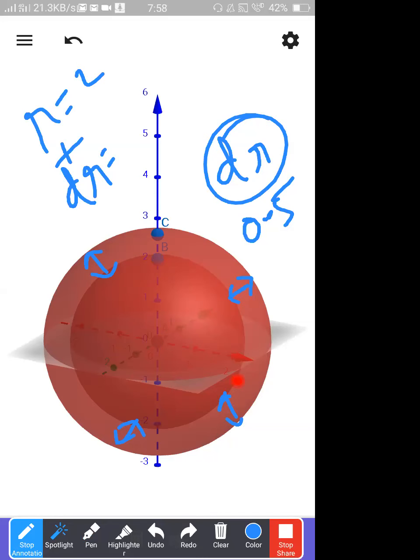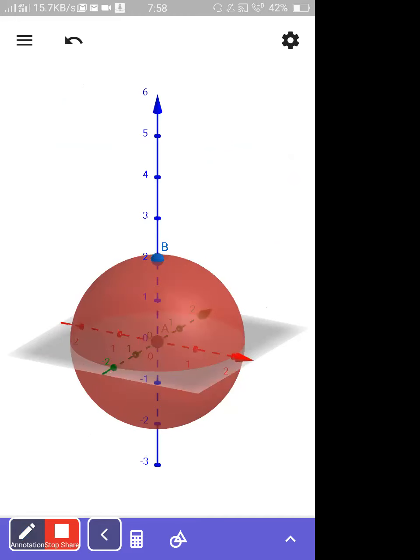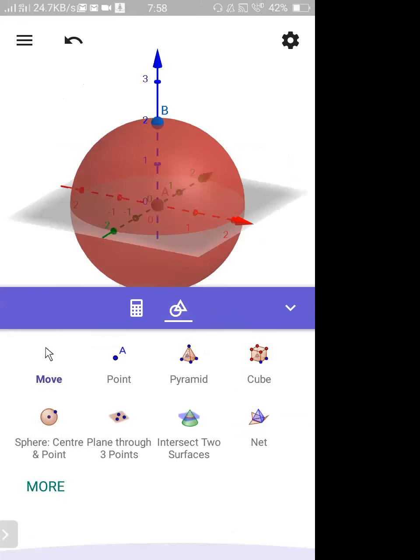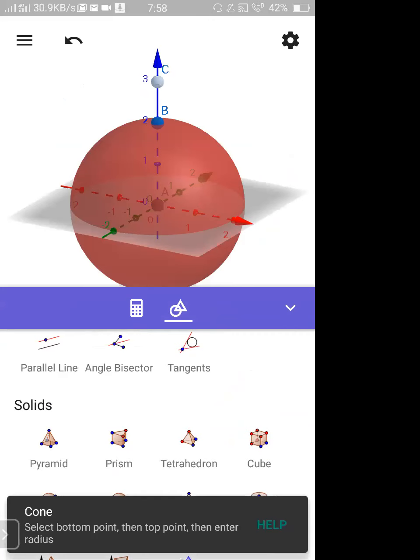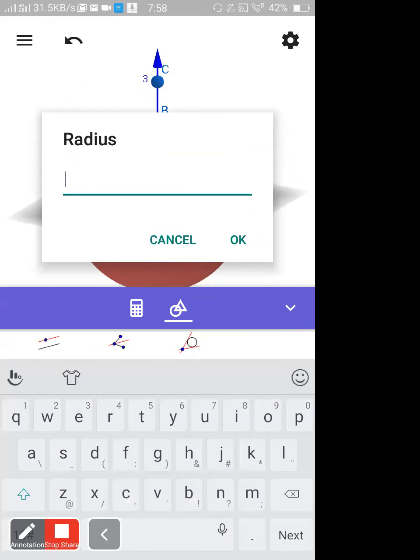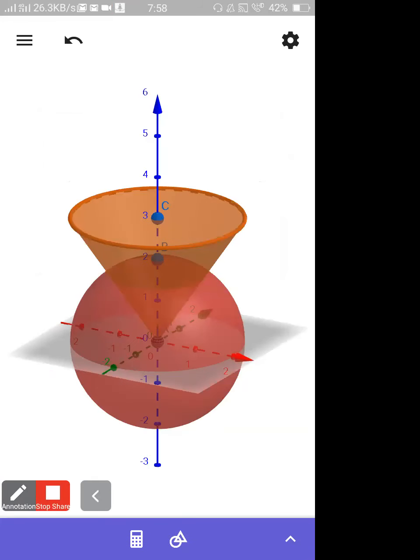Now, what is our next parameter? Theta. Now I will make a change in theta. To observe the change in theta, I have to introduce a cone.